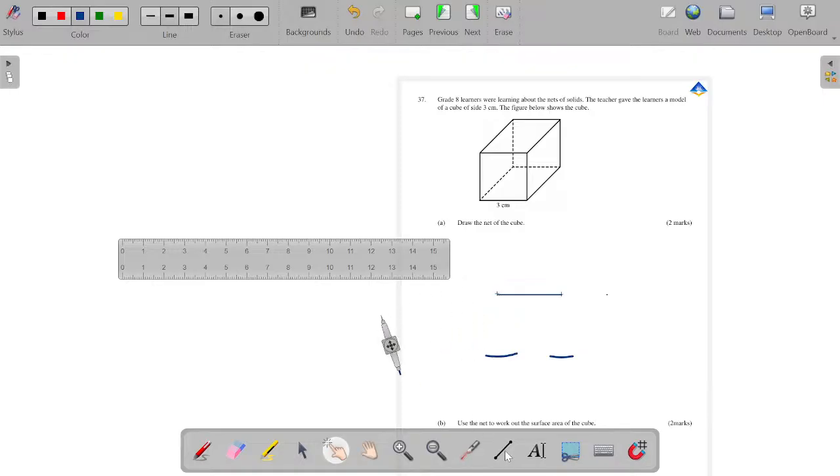And now join from that point to here. From this point I now join to there.